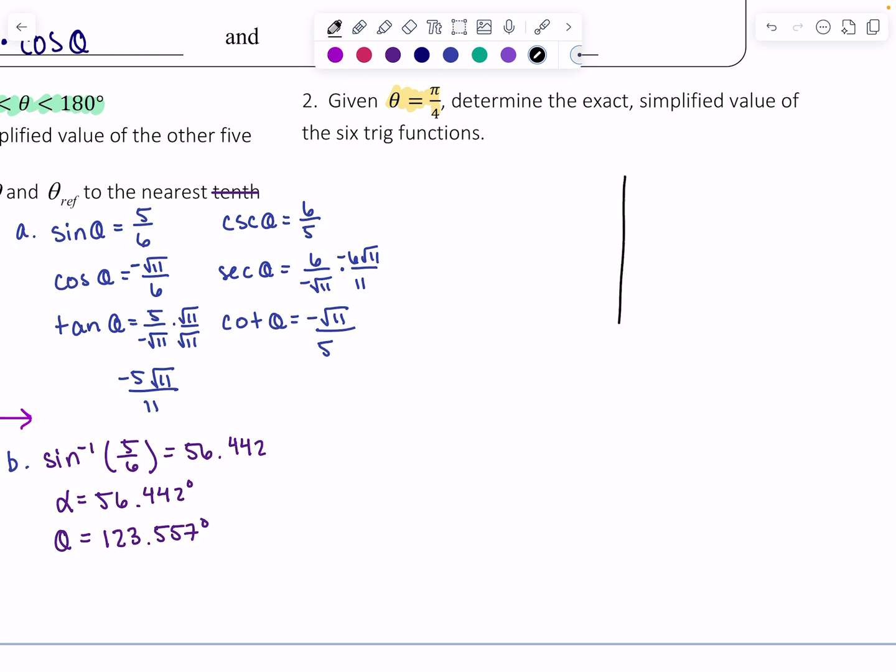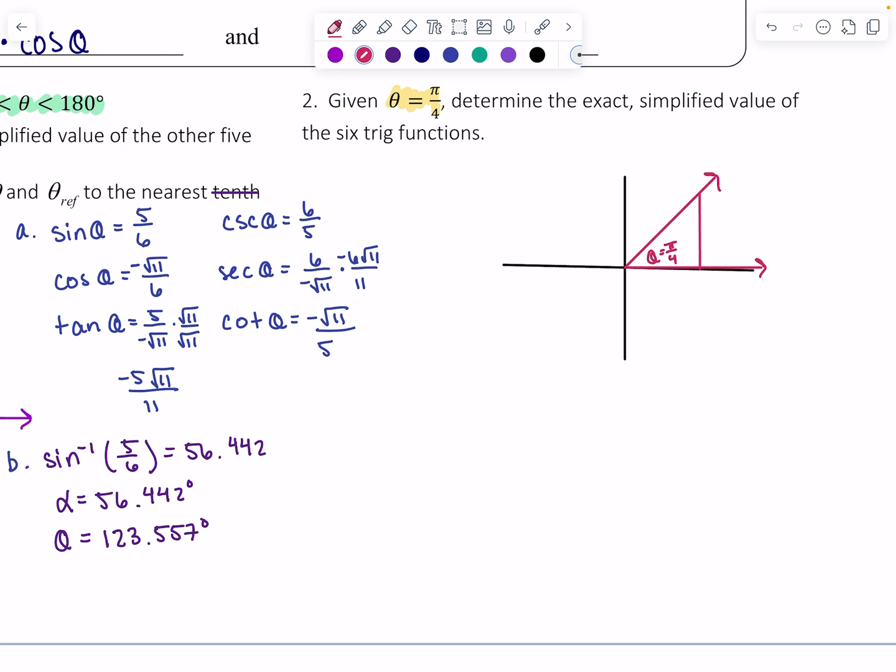So I'm going to start here with a coordinate grid, and I'm going to draw our angle. So we have pi over 4. So we know that theta here is pi over 4. All right, so if it's pi over 4, we're going to think about this in terms of some special right triangles a little bit.